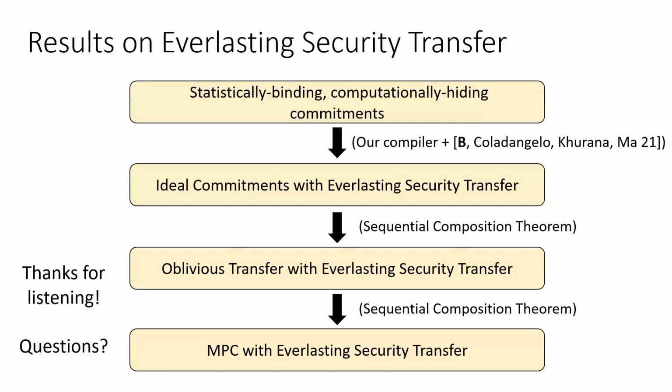Very nice talk. It seems like you kind of solve everything. Are there still open questions now in everlasting security, or does this handle all the interesting primitives? Yeah, there have even been more follow-ups since this work. For example, you might want to ask for publicly verifiable deletion, which we don't have in this work.